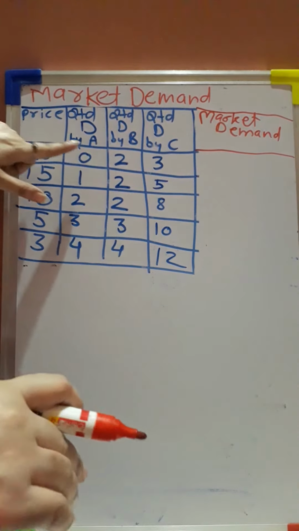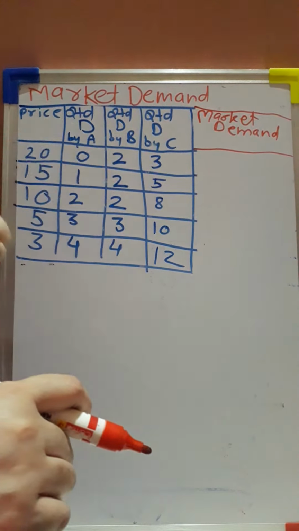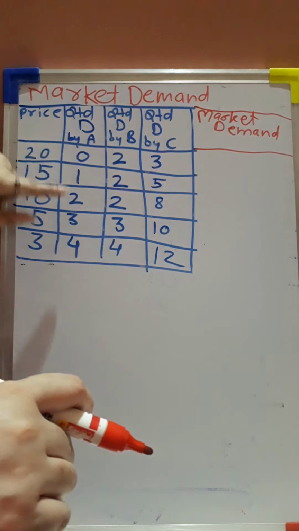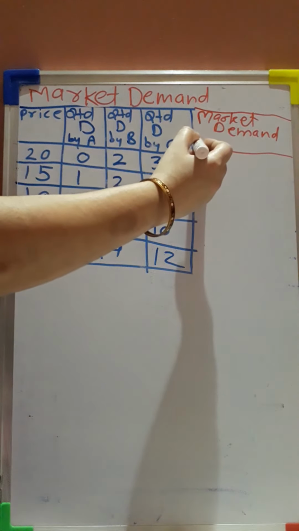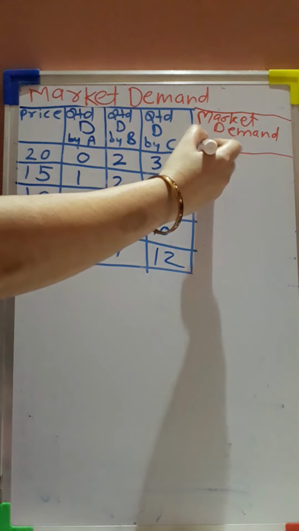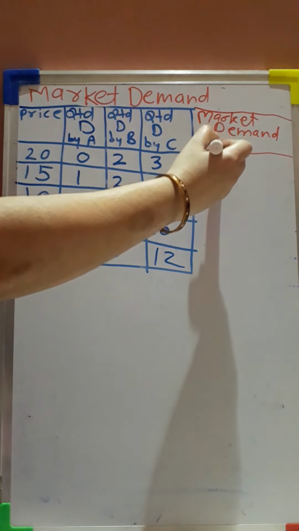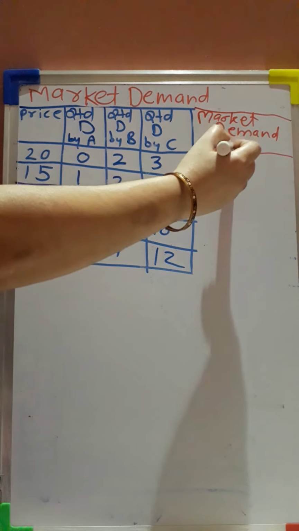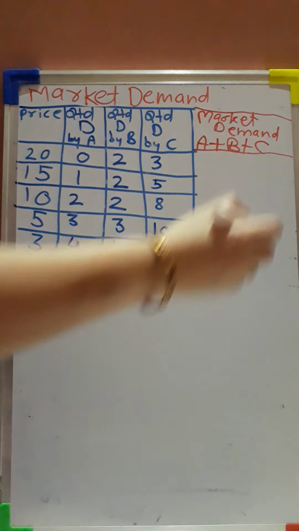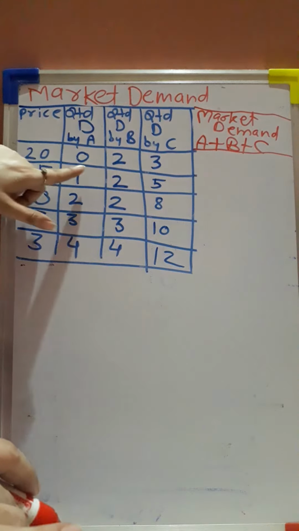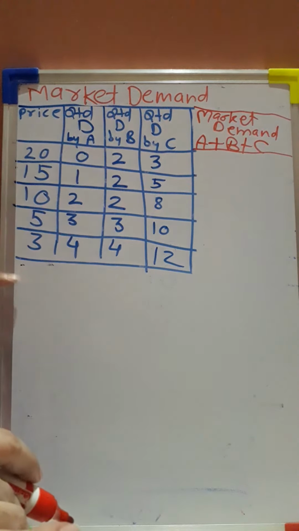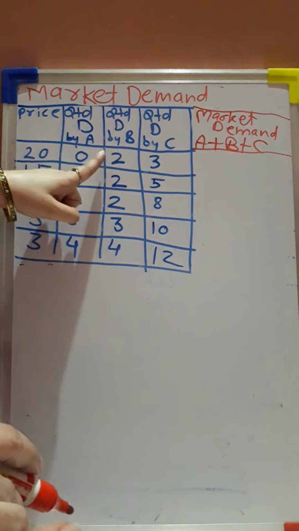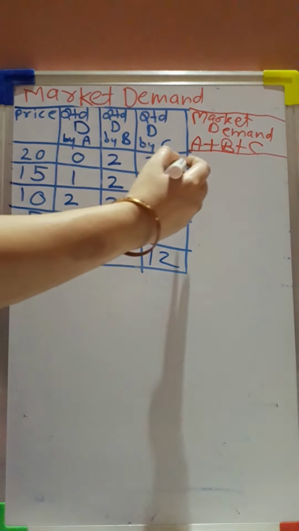So here there are three individuals A, B, C at different price. Each and every individual demands different commodity. So to calculate market demand, the formula is A individual plus B individual plus C individual. It means that whatever commodity demanded by each and every individual at different price, that demand we will calculate and we will get the market demand.